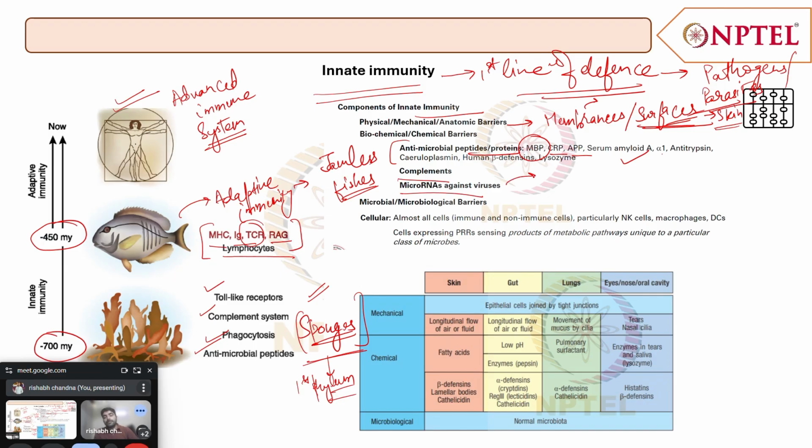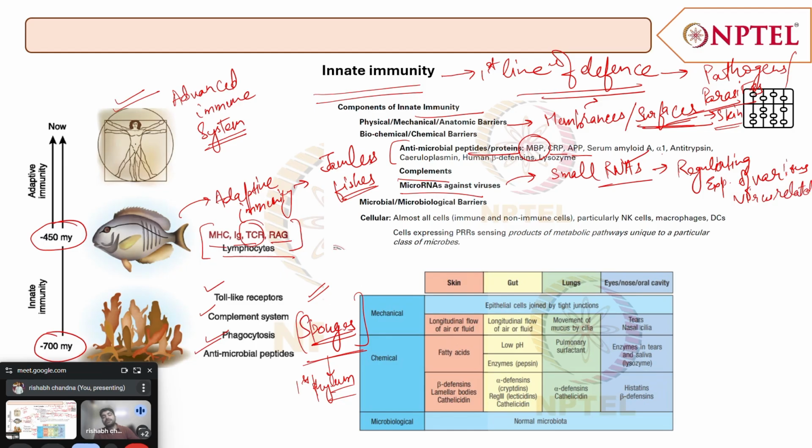So, talking briefly, microRNAs are basically small RNAs that are helpful in regulating the expression of various virus related proteins.